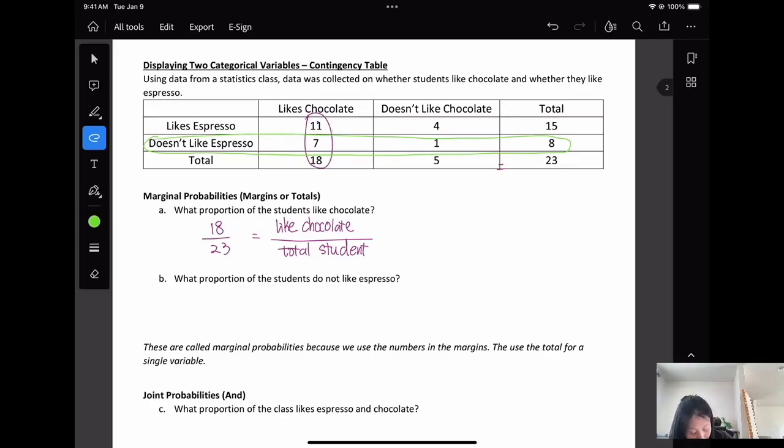So the total number of students who don't like espresso is 8 out of 23, which is students who don't like espresso over the total number of students. These are called marginal probabilities because we use the numbers in the margins. They use the total for a single variable.